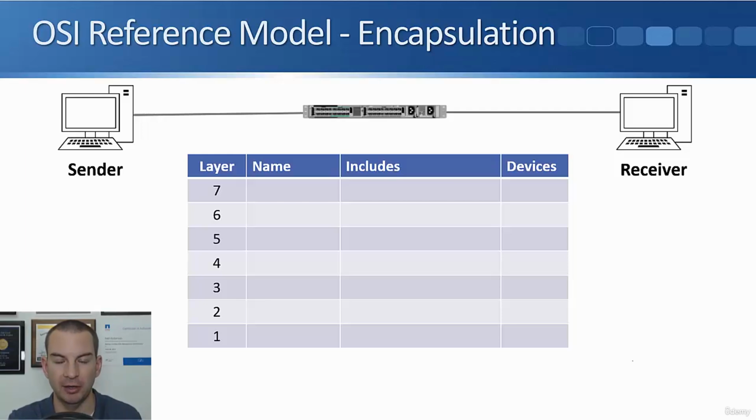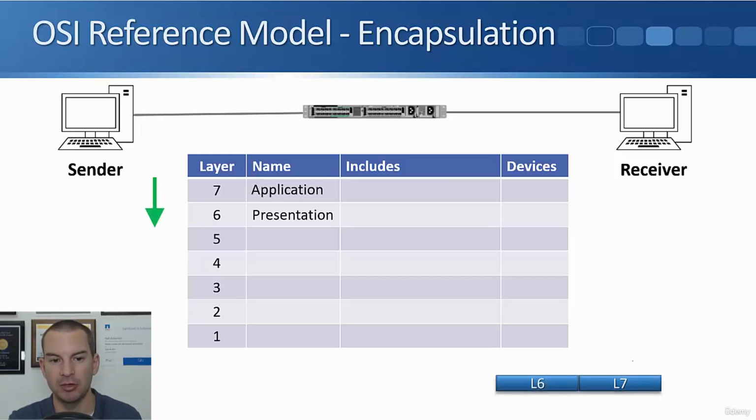So at the sender, first off, it will create the layer 7 information, which is the application layer. So if I'm sending an email, that will contain information such as the from and the to field, etc. Then it will encapsulate the layer 7 information in the layer 6 information.